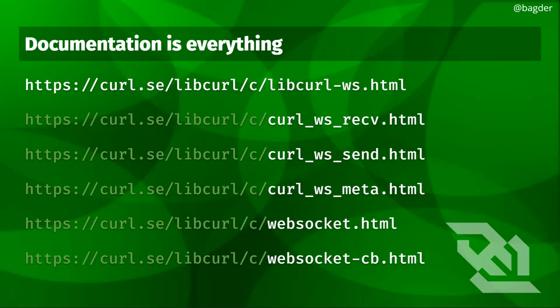I tried to document all of this. If you go to the website on these URLs, you can find documentation for everything I've told you so far. You go to the libcurl-ws webpage, which is the top one. I wrote this man page just a few days ago, so it's brand new. That's the overview of the API and how to use the APIs. Then you have the independent man pages for each of the new API calls: WS receive, WS send, WS meta.